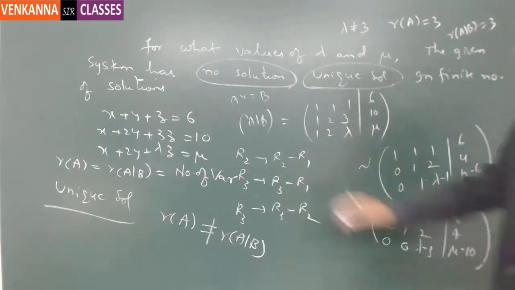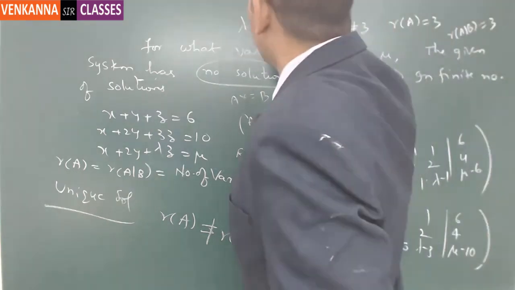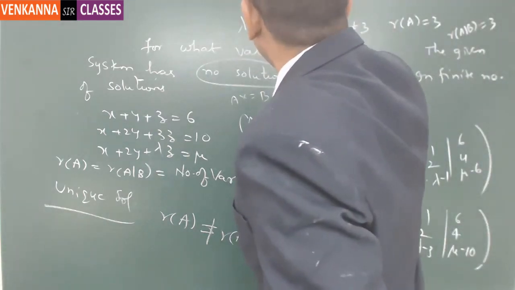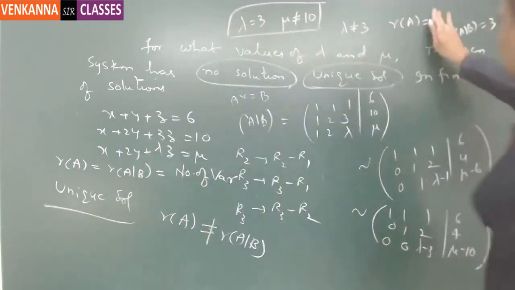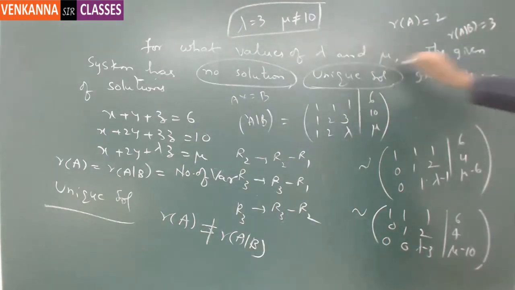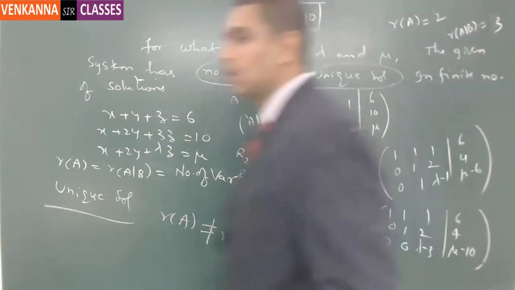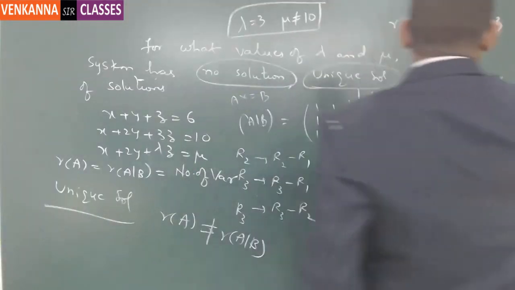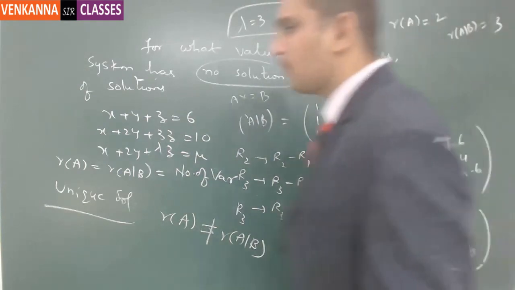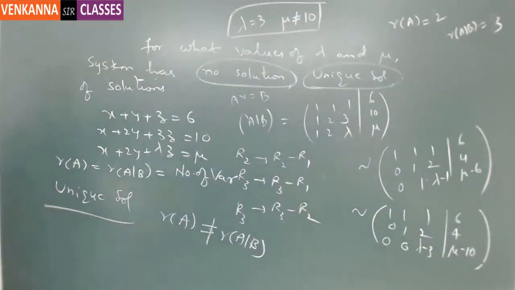So we have to mention that if lambda is equal to 3 and mu is not equal to 10, then rank of A is equal to 2 and rank of A by B is equal to 3. So the given system has no solution because it is inconsistent, as rank of A is not equal to rank of A by B. Okay?